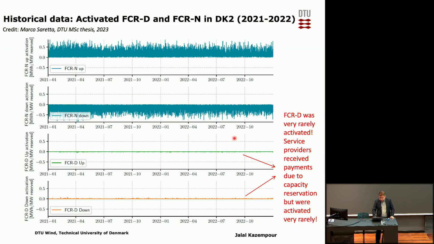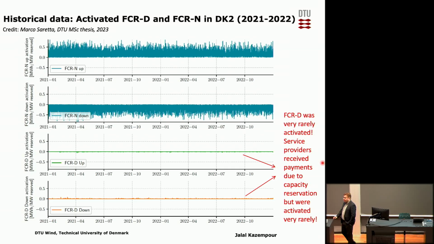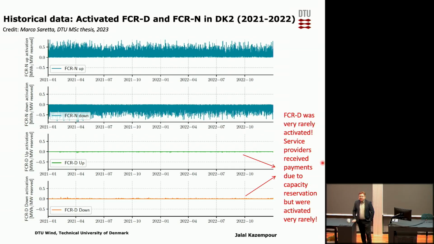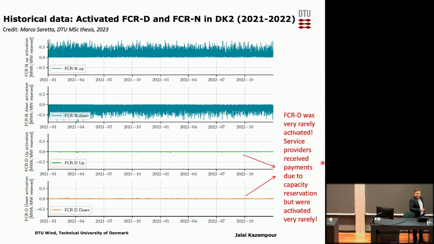So as I said, it's very rare to see FCR-D being activated. But actually it happened recently several times, for example by a trip in nuclear power plants in Finland or Sweden, and every time FCR-D services were activated.